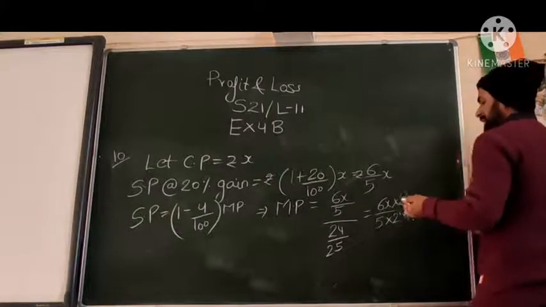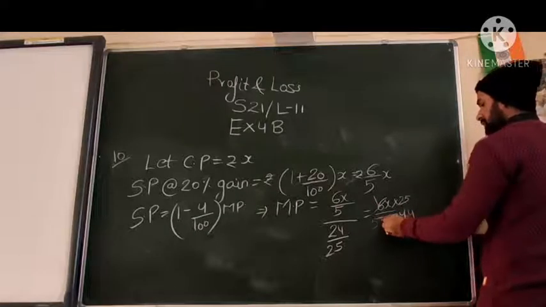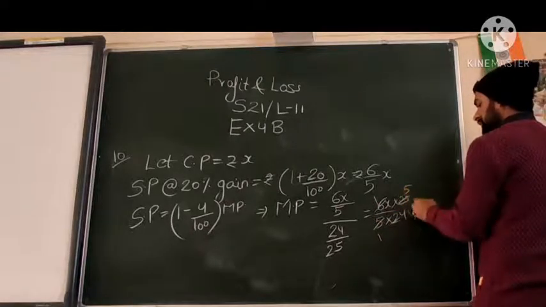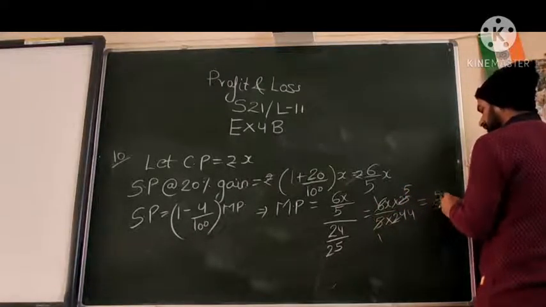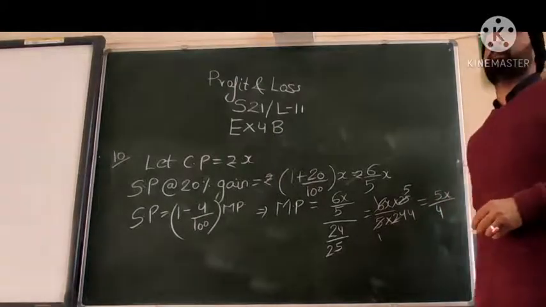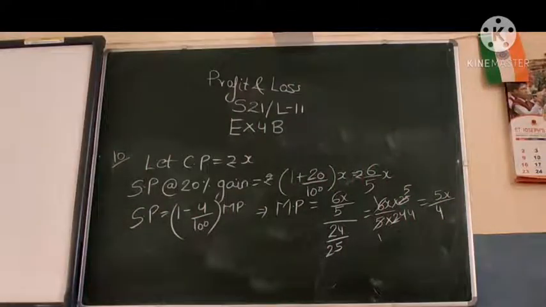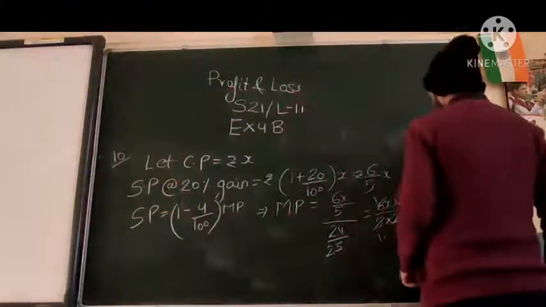Okay, it can be further simplified. So it is basically 5x by 4. Okay, MP is 5x by 4. Now once we have got the value of MP as 5x by 4, we have got the value of this.